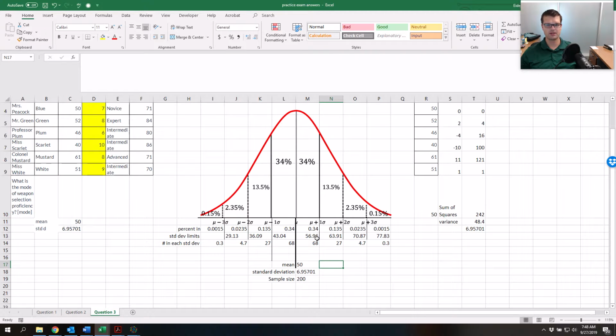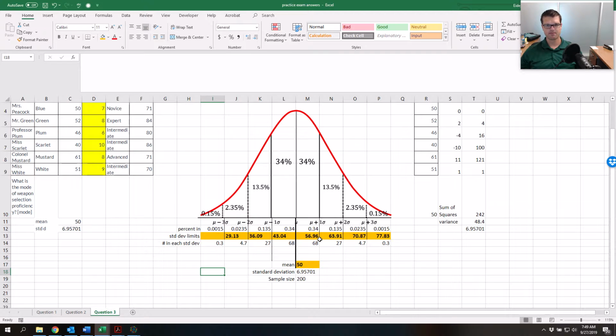Okay, so what we did here is we now have standard deviation limits. If I want to know the mean, we've got the mean right here. The mean is 50, so let's make this bold. And right here we also have the standard deviation limits. I'll make this orange so you can see it a little better.